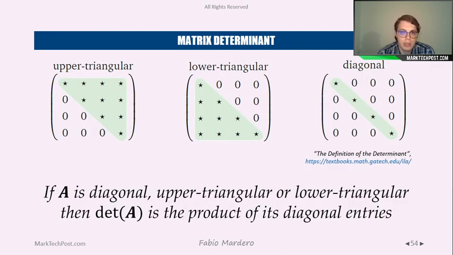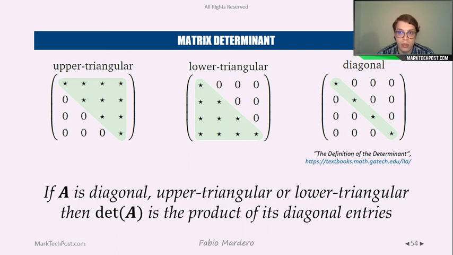There are special types of matrices in which the determinant computation is very, very easy. And here we can see the three cases: the upper triangular matrix, the lower triangular matrix, and the diagonal.